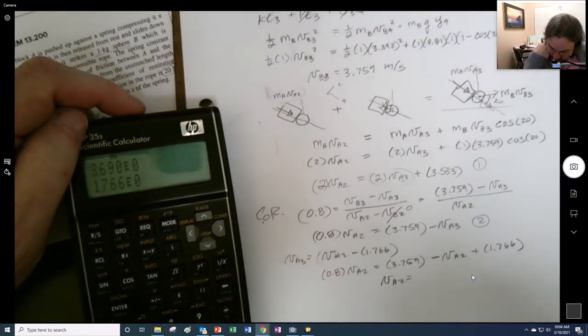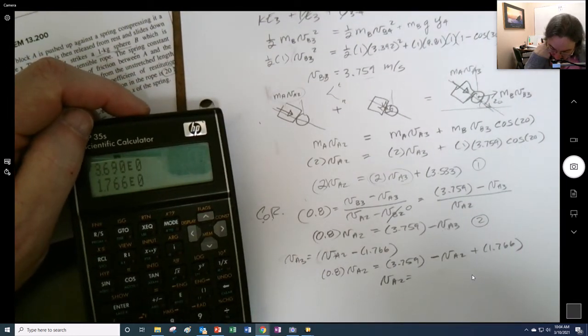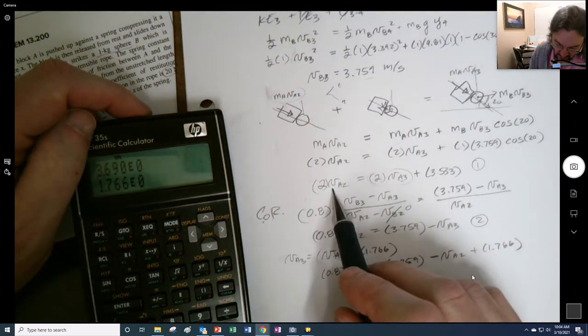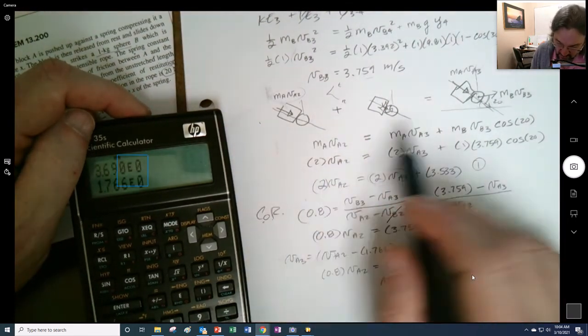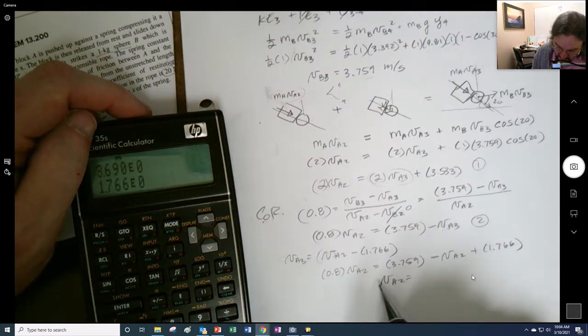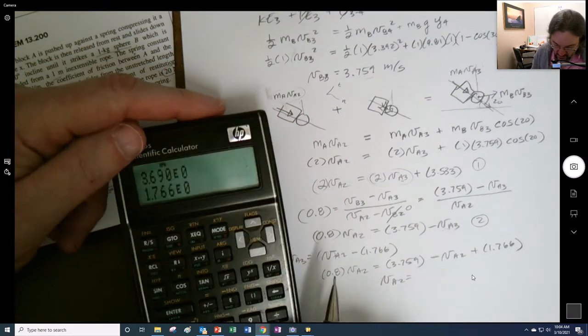Ooh, I don't like that it's minus. Let me see, I might have messed something up along the way, and I don't see it. VA2 is coming down this direction, so I don't quite see what I've messed up so far.